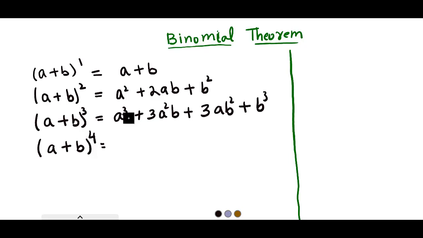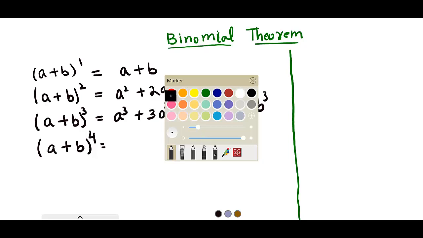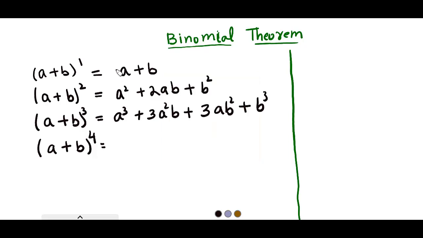So first we write down the coefficients of all the terms in the first three expansions. If you look at the first expansion, A plus B power 1, the coefficient of A is 1. If there is no coefficient, it means 1. Similarly, the coefficient of B is 1. So first we write down the coefficients, which are 1 and 1.